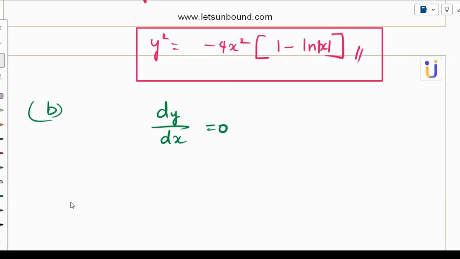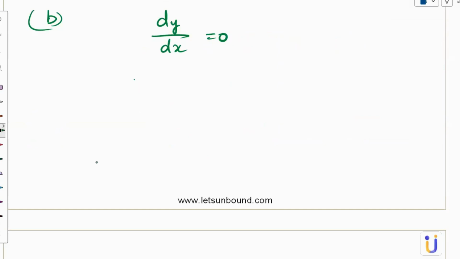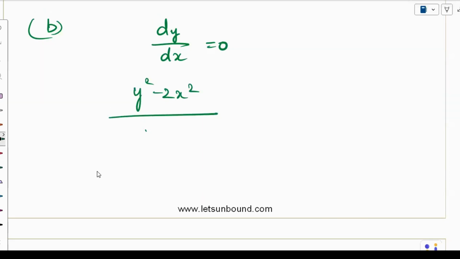dy by dx is y squared minus 2x squared over xy, which is given in the question, equals 0.